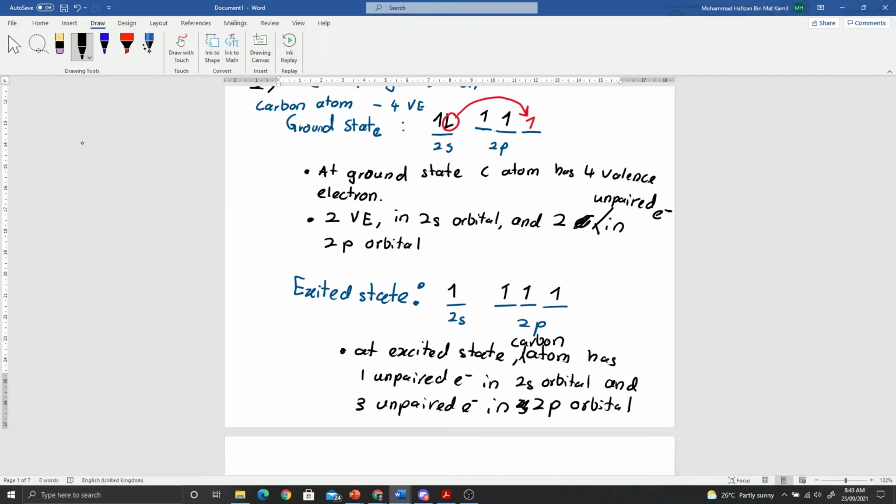Okay, so in this orbital barulah dia boleh buat bonds.